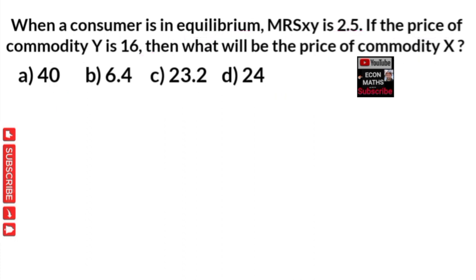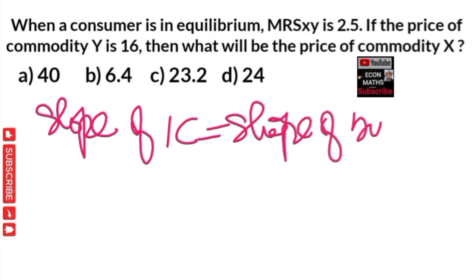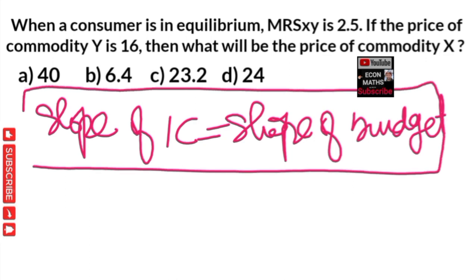First of all, we know that the consumer is in equilibrium when the slope of the indifference curve is equal to the slope of the budget line. This is the condition for the consumer to be in equilibrium.